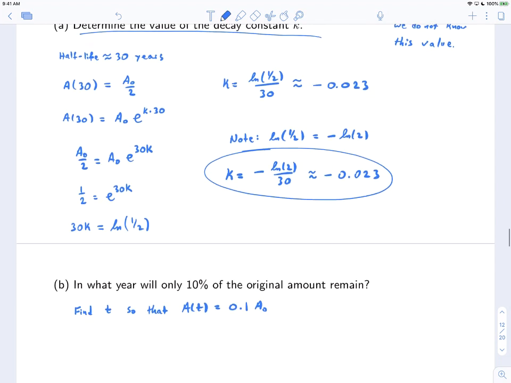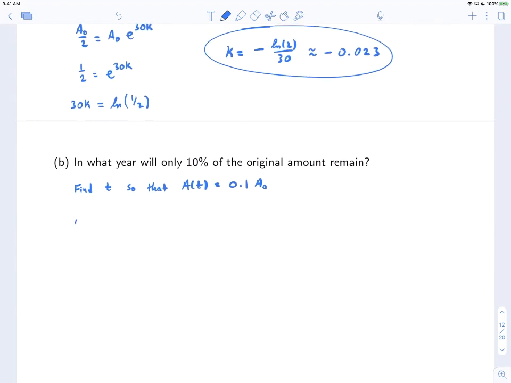So let's write this out. A at t is equal to A sub 0 times e to the kt, where k is equal to the opposite of ln of 2 over 30. We'll plug that in later. What we want to do is find a value of t so that this quantity right here, A sub 0 times e to the kt, is equal to 0.1 times A sub 0. In other words, 10% of the original amount.